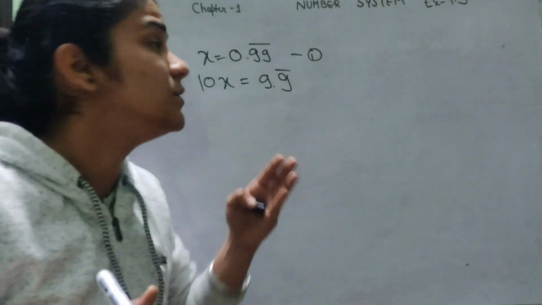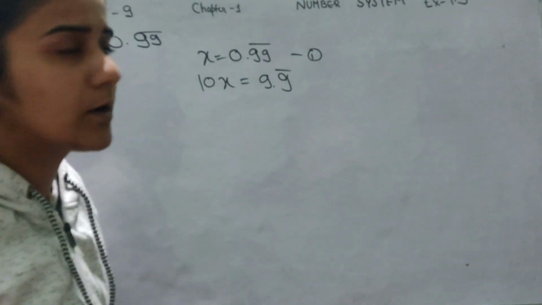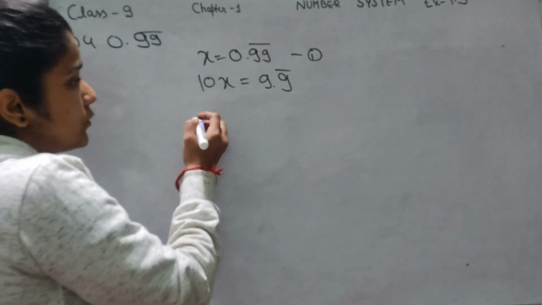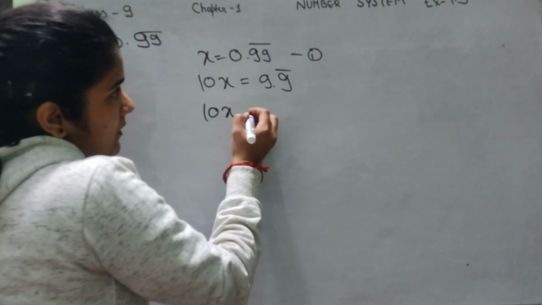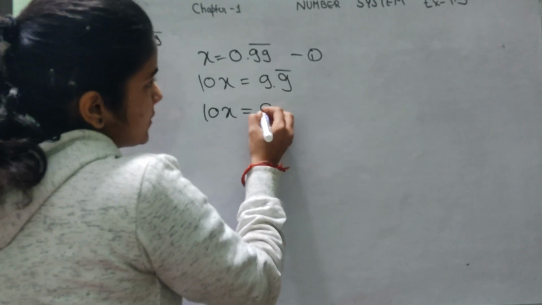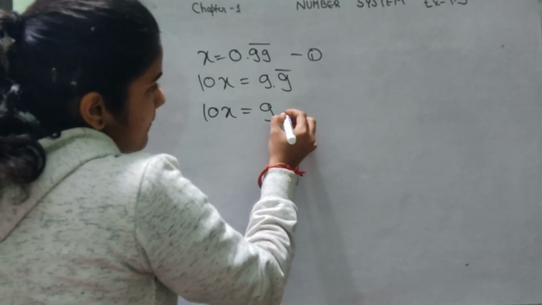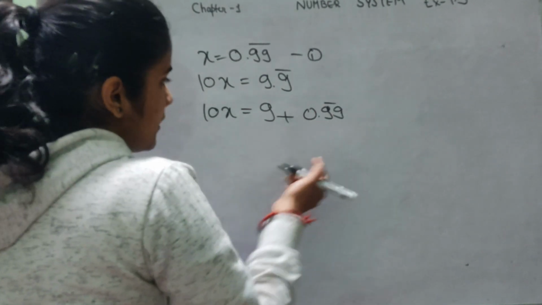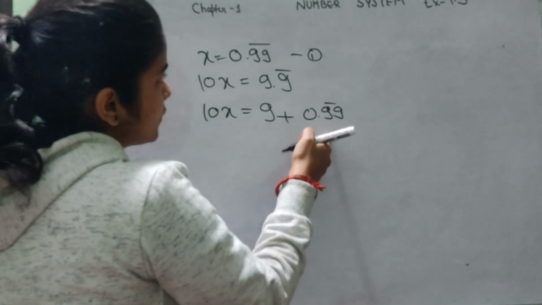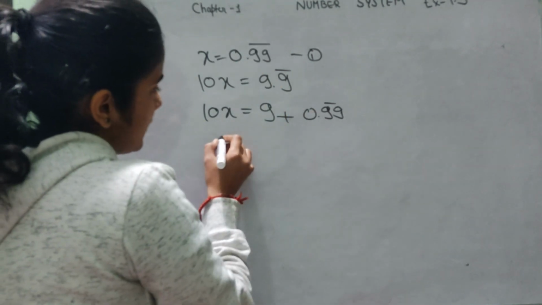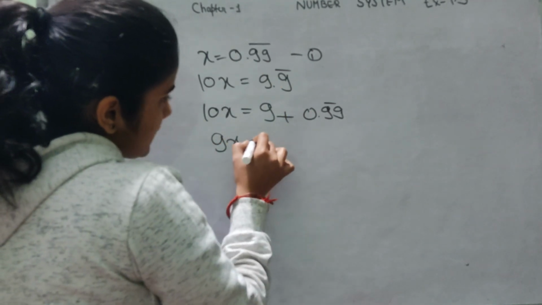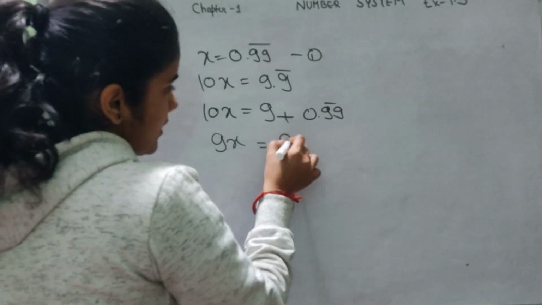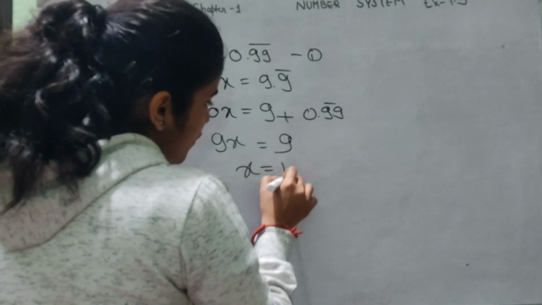If you need to get marks, you need to write this line. Do not forget to write this line. Now 10x is 9 plus 0.9 bar. This is x, sending it here, 9x equals 9, x equals 1.